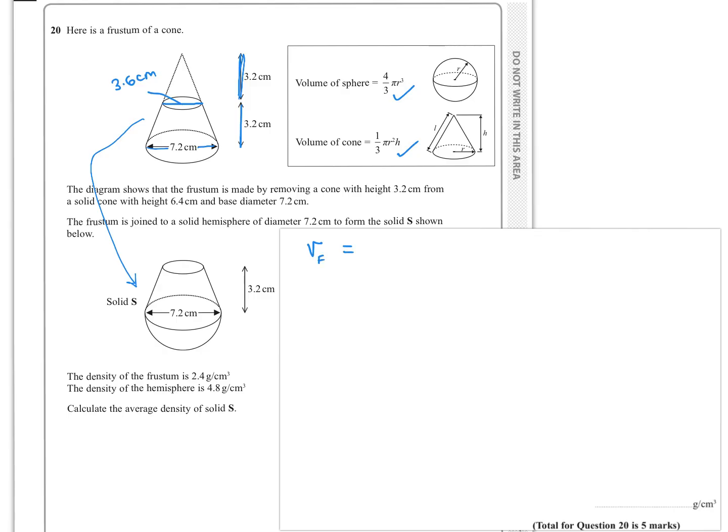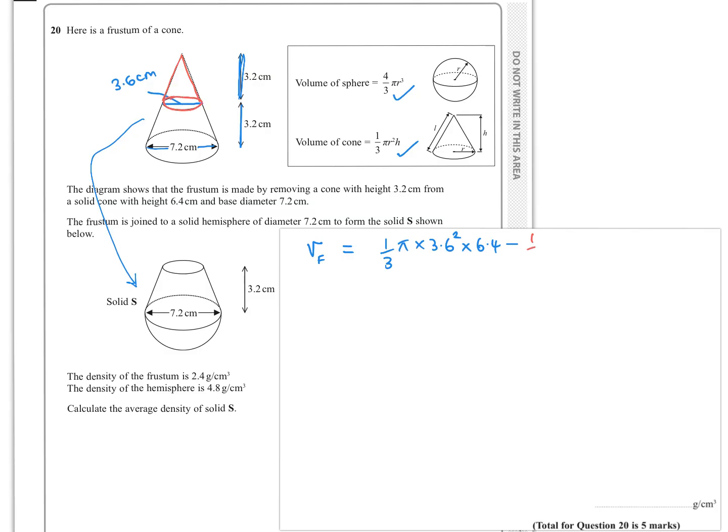So what I can do is I can find the volume of the frustum, and we know that's going to be the volume of what the cone would have been. So that's going to be 1/3 of pi times 3.6 squared times the height, which would have been 6.4. Take away this part here, which is missing from it, don't forget.